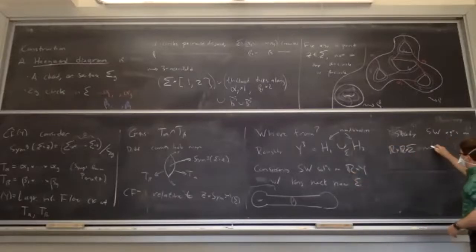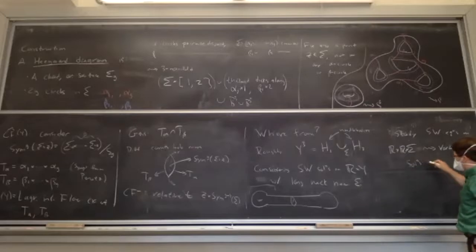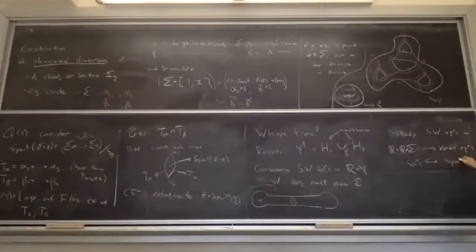And it turns out that this turns into a familiar equation called the vortex equations. Not the symplectic vortex equations, just the vortex equations. And the space of solutions is some symmetric product of sigma.